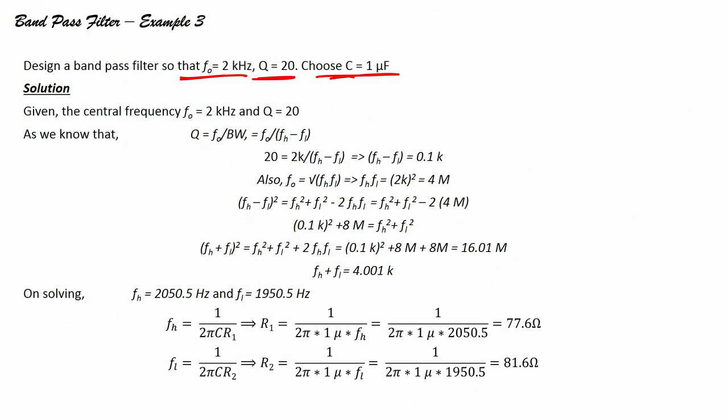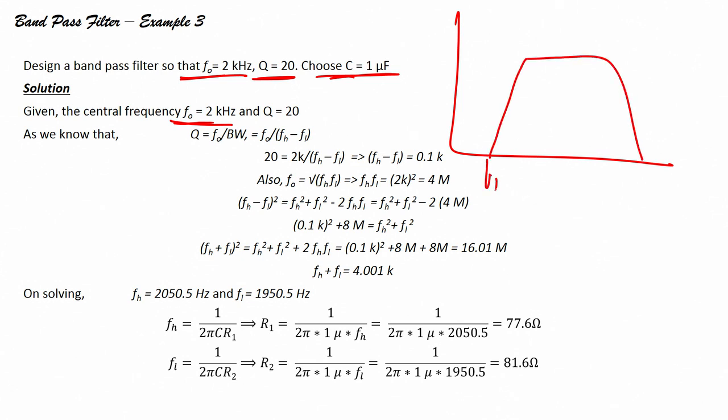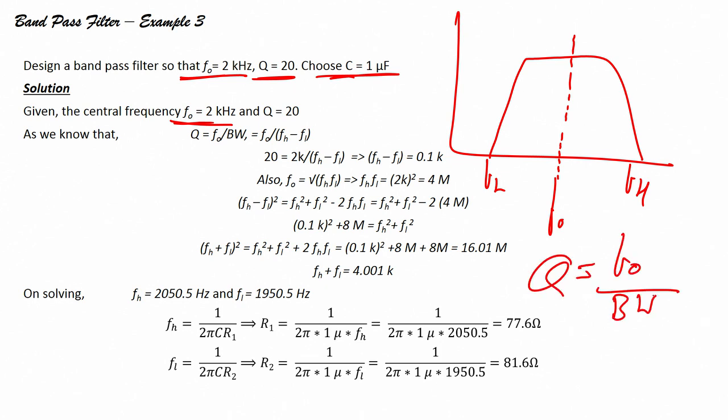In this case, the central frequency is FO. So, you have FL, FH, and this will be the center frequency. And the quality factor is FO divided by bandwidth.